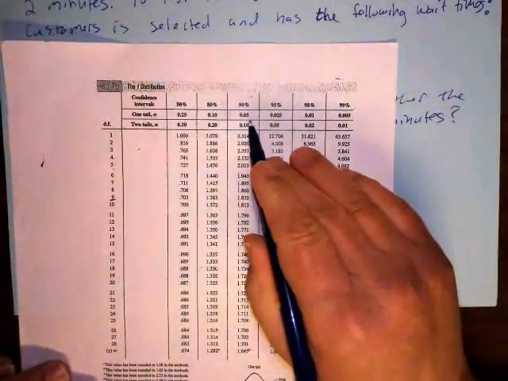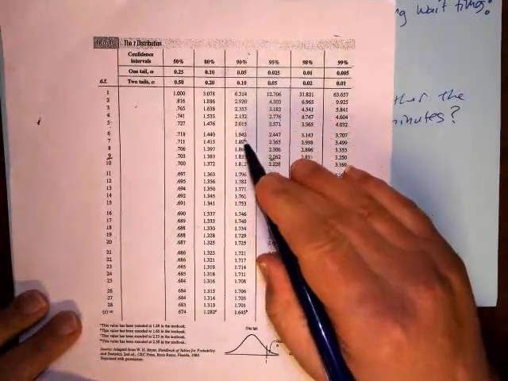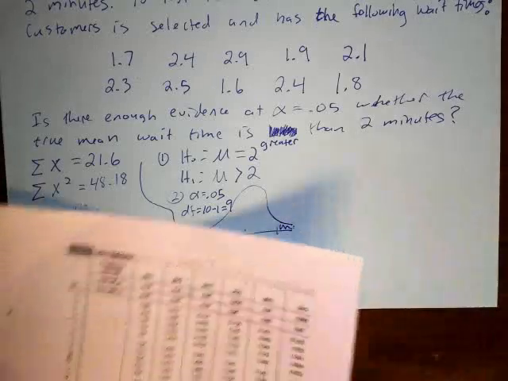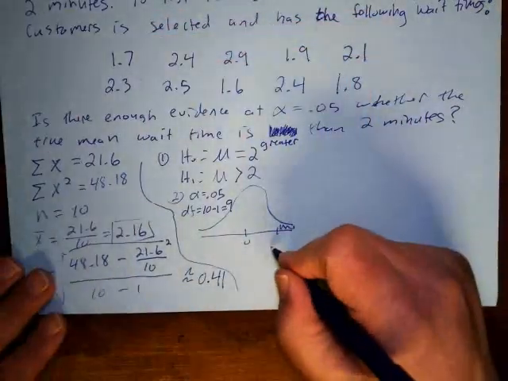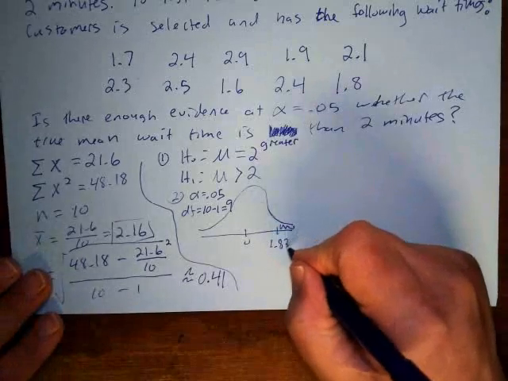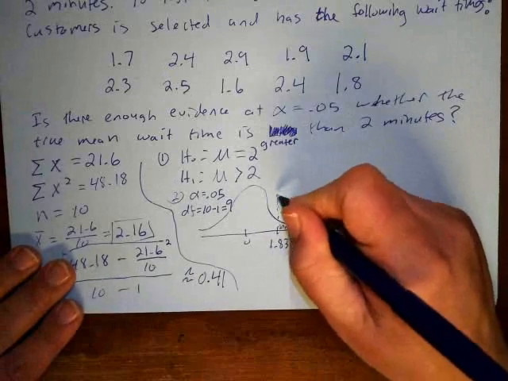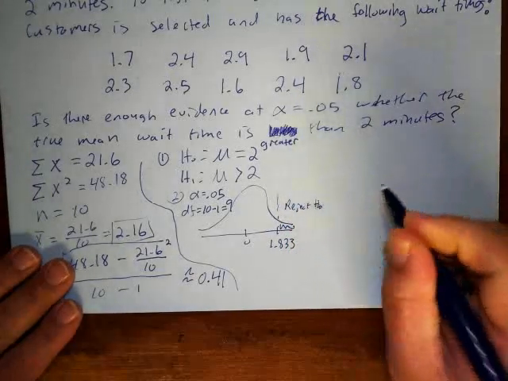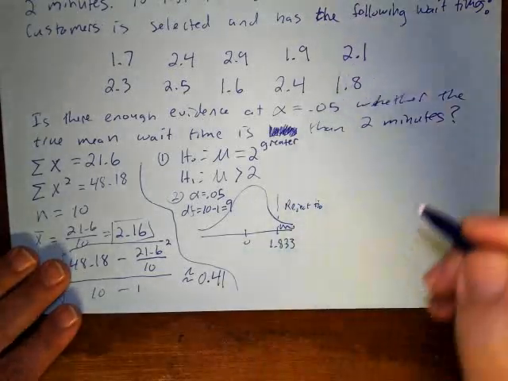I'm going to go to alpha equals 0.05. And I'm going to go to 9 degrees of freedom. Looks like it's 1.833. Just like before, isn't it? I didn't realize that. Okay. So this would be the reject H0 region over here. Okay, so it has to be bigger than 1.833.